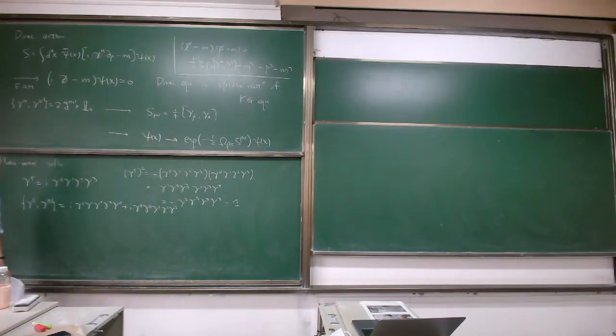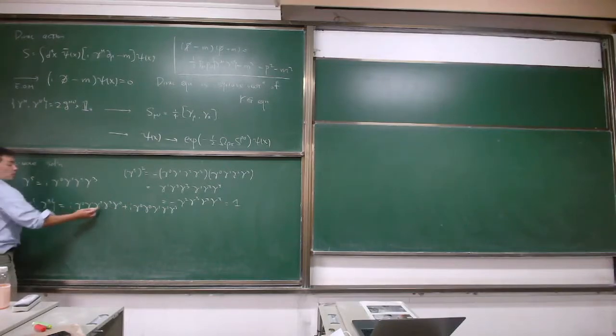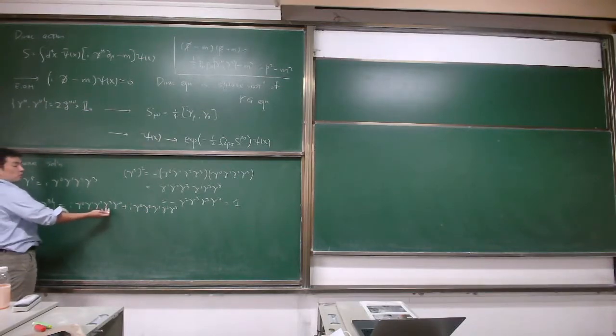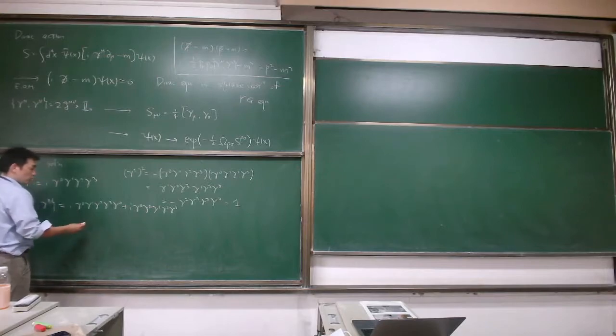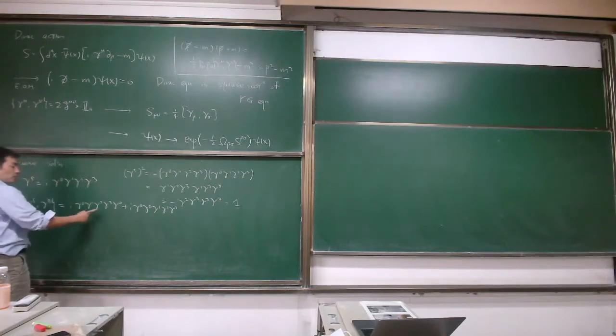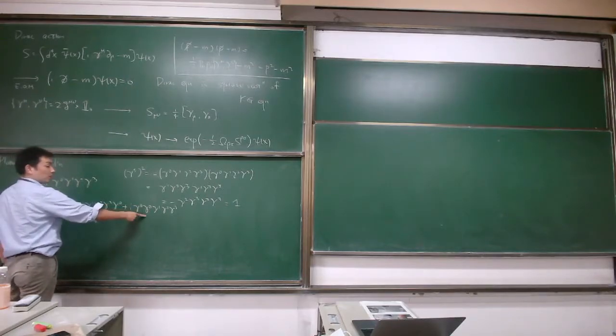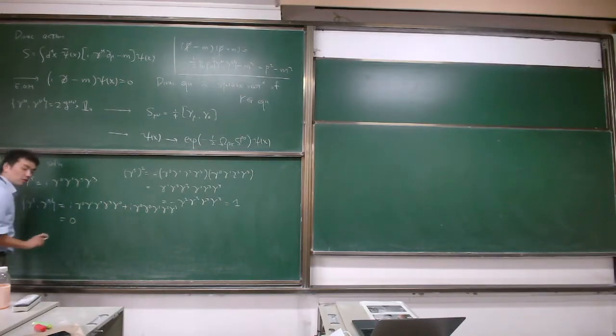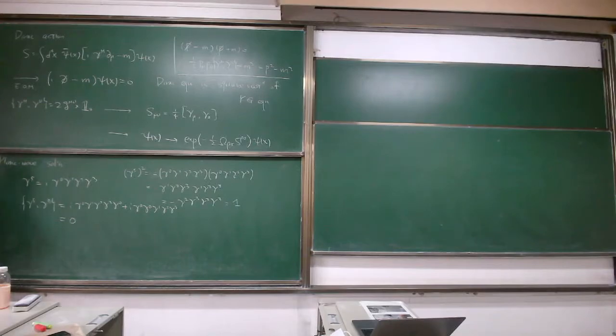Bring this one into here, you get a triple minus sign, so minus 1, and the gamma 0 squared is 1. So this will cancel with this one, and therefore this is equal to 0. Do you understand what I mean? Is it okay?